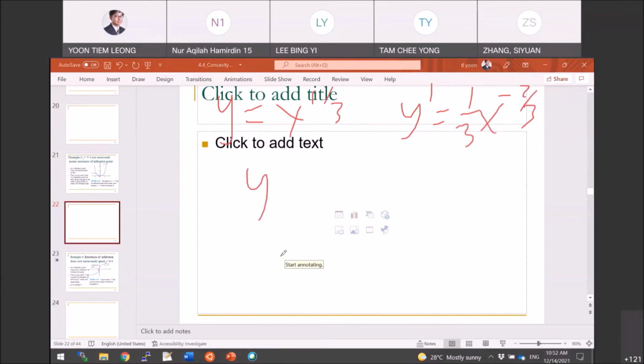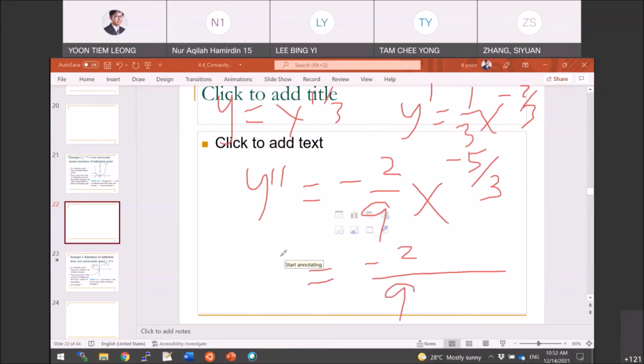Then y prime prime becomes minus 2 over 9, x to the power of minus 5/3. Okay, so it is a complicated function, so let me write it down in this manner: 9 times x to the power of 5 over 3. I think I can look at this more easily.